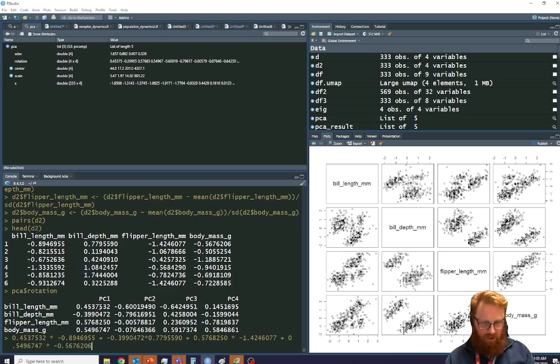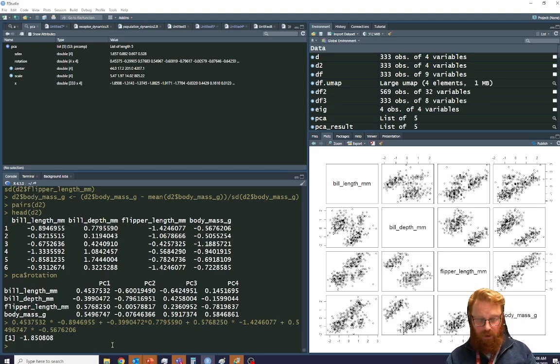All right, let me just double check. So 45, 39%, 57%, and 54.9, and the values are minus 89, 77, minus 1.42, and yep, and I press enter. Okay, minus 8.9. So that first penguin, when projected onto principal component 1, should have a value of minus 8.9.